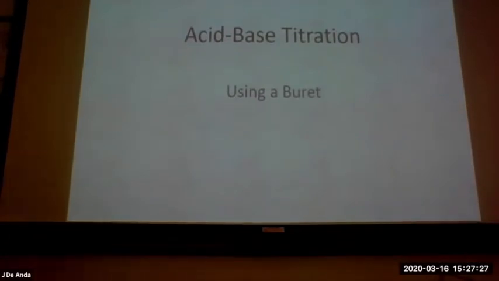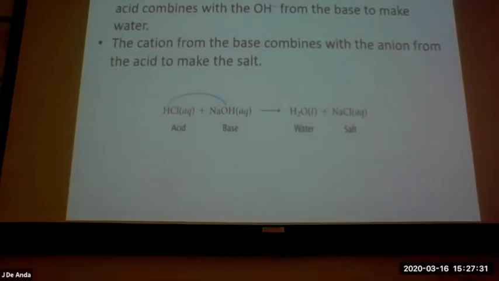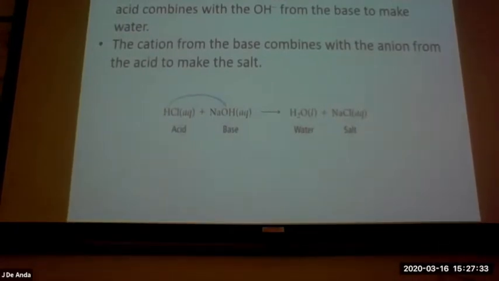So very quickly, reviewing what we just said, acids ionize in water to form hydrogen ions, but we just saw that it's actually more like a hydronium ion. Bases dissociate to form hydroxide ions.